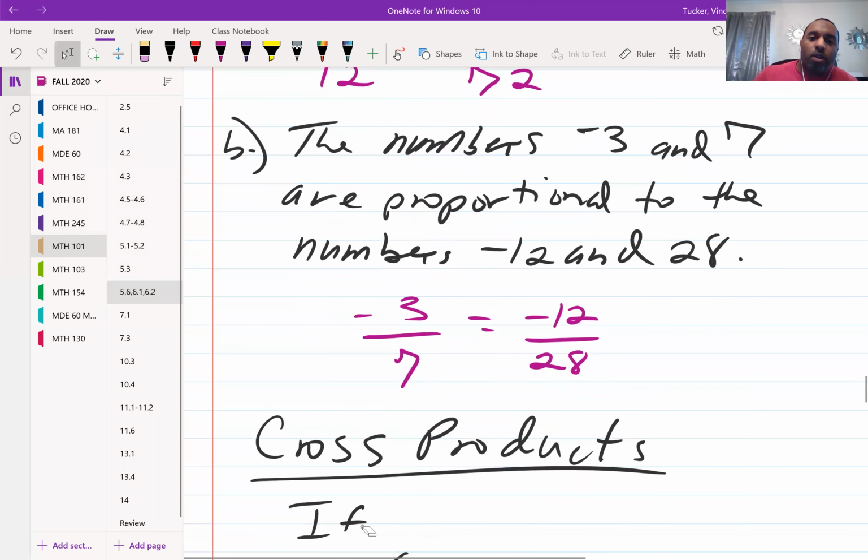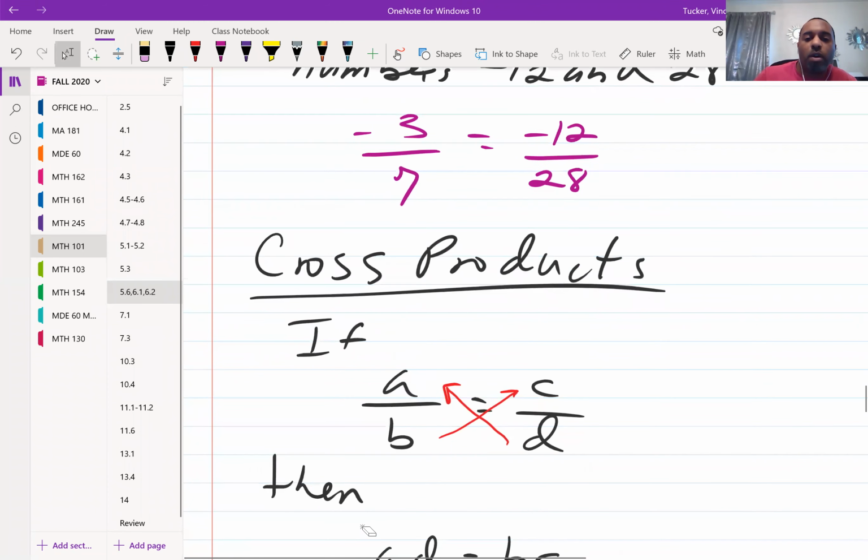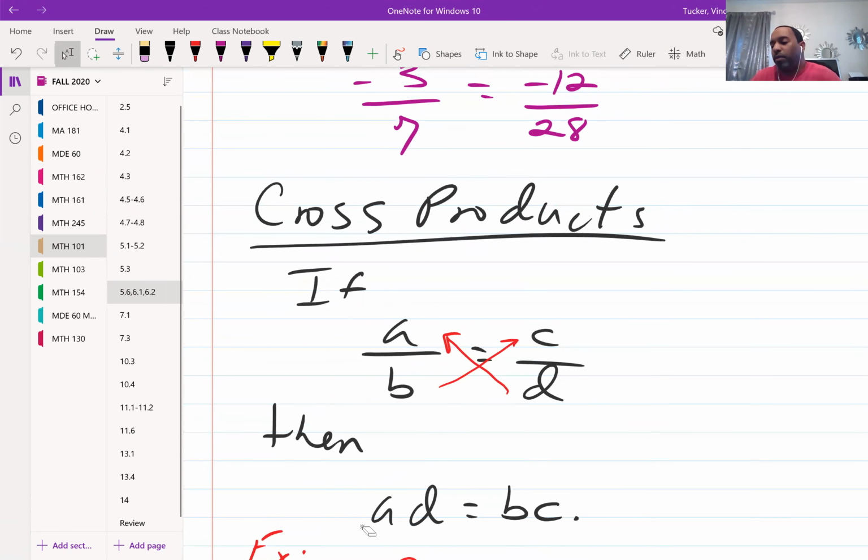All right. So the thought process that's going to help us close out this section is cross products or cross multiplication. It says if A over B is equal to C over D, then AD is equal to BC.